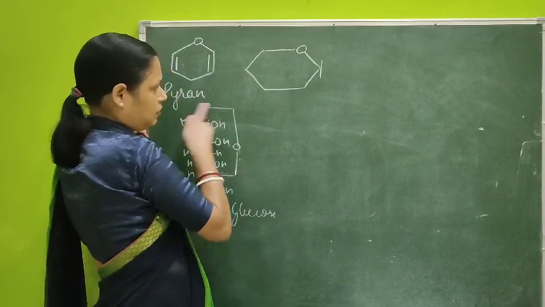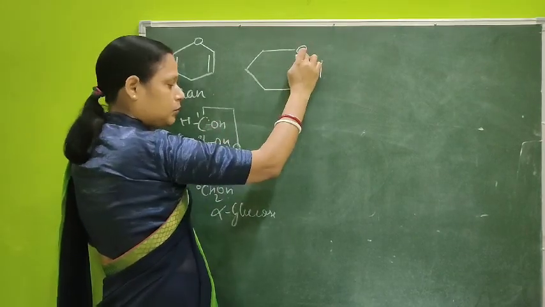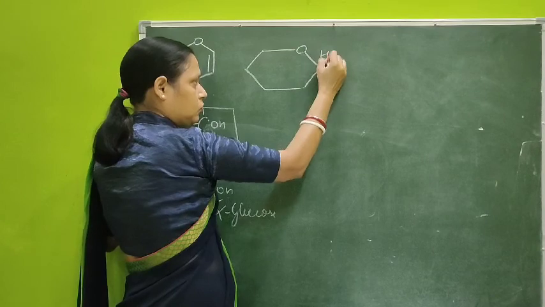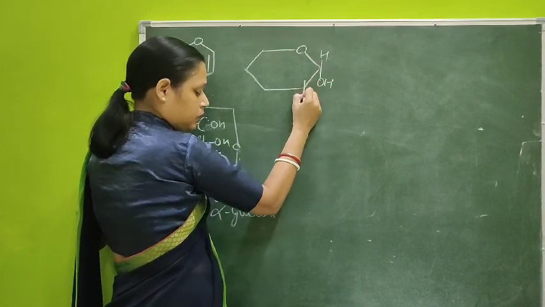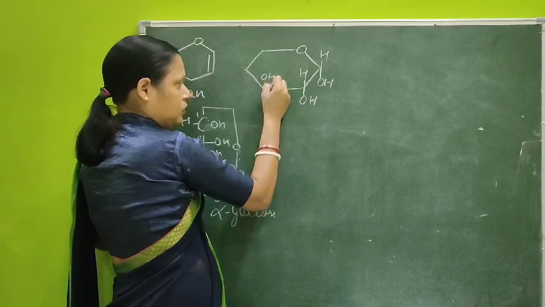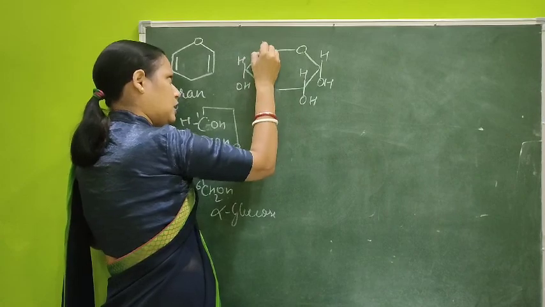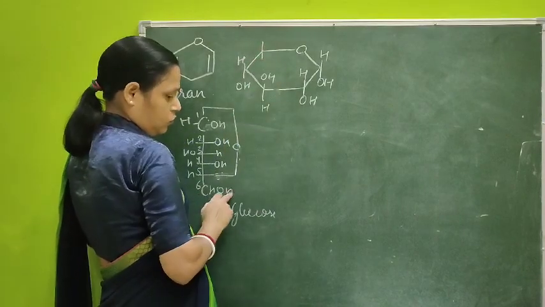Okay, so when I draw this structure in this form, the first is connected with the oxygen, so it is here, and the remaining part H, OH, the second also H, OH, OH and H, OH again H, and the last one we'll see here CH2OH.